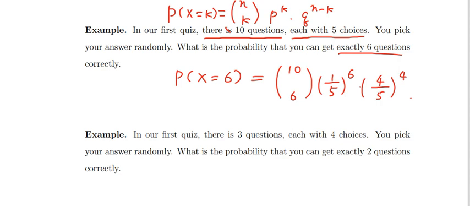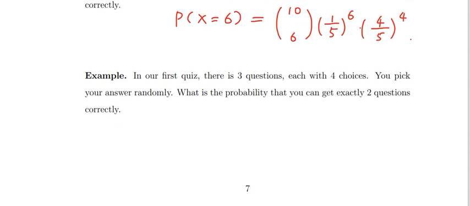If we use this formula, such a problem is easy. There's another easy problem: exactly 2 questions correct out of a total of 3 questions. But here I change it a little bit: each question has 4 choices, A, B, C, D. So we just use the formula.